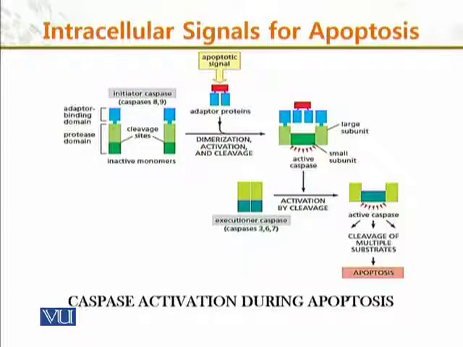The second class carries out those processes, as we can see in this cartoon of how caspase activation occurs during apoptosis. There are two initial initiators, then they join together in a large molecule, and they start cleaving the different proteins, and so apoptosis, or cell death, occurs.